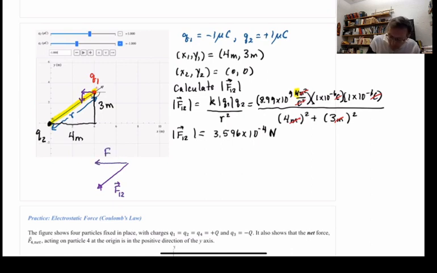There's the F12x component, and there's the F12y component. Notice their directions on those arrows. Left for the x and down for the y. Let me also, in this little component triangle, label that angle up there theta.